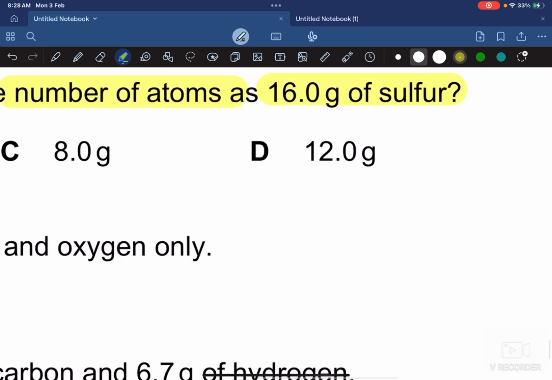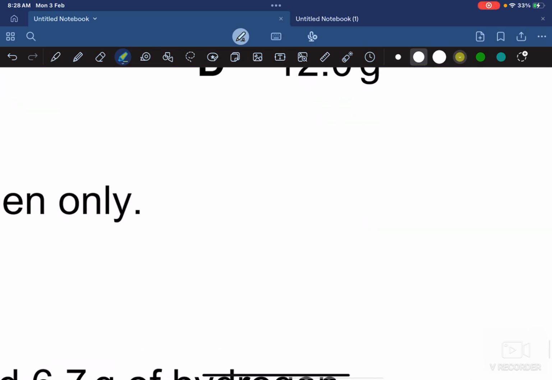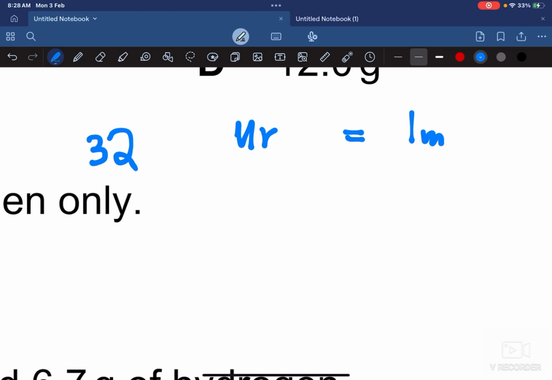Look, what we know is that the MR of sulfur is 32. What can we deduce from this? Your MR is equal to the mass of 1 mole.